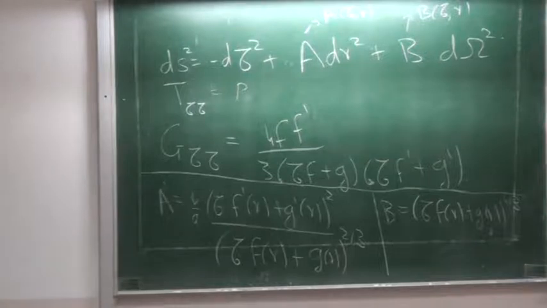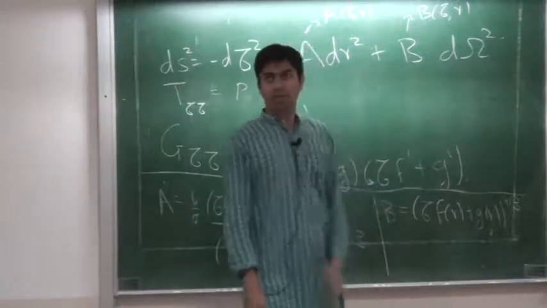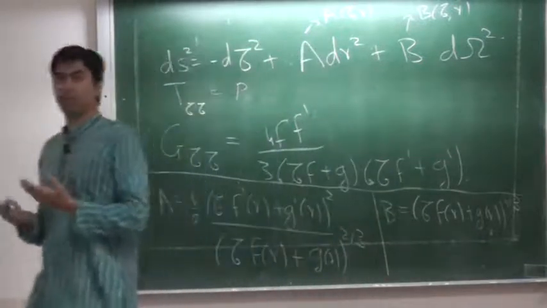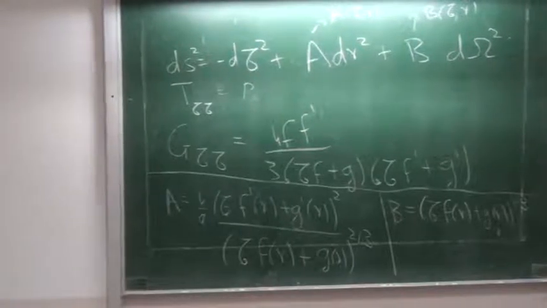In which case at tau equal to 0, it would look like r squared d omega squared. So there's a convenient choice of the new coordinate you can make, which here I'll just write by saying you choose G of r equal to r to the power 3 by 2. Okay?